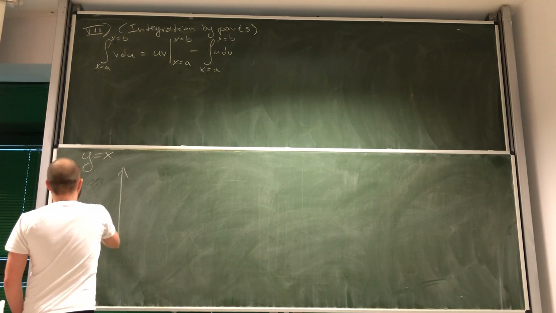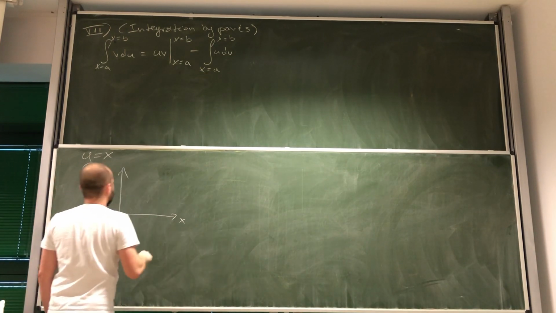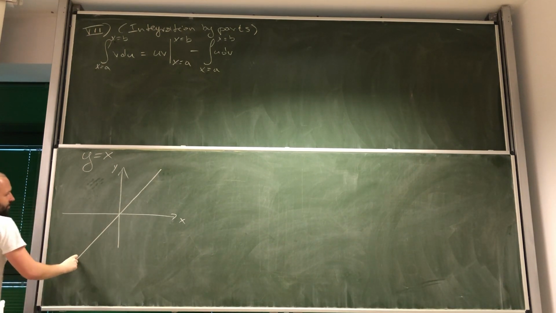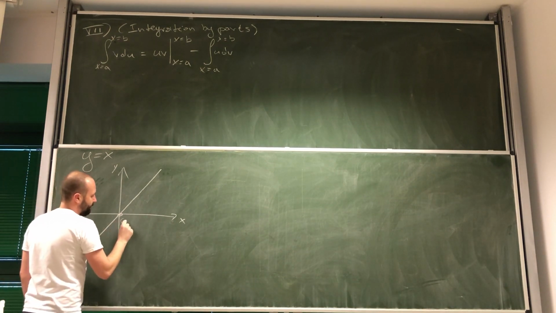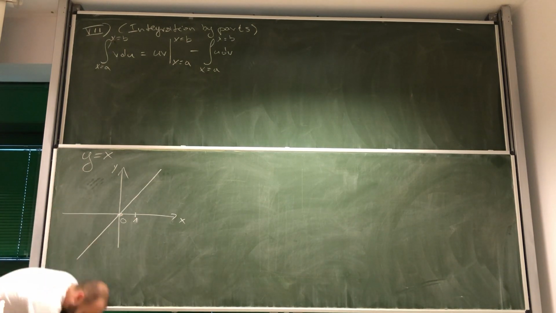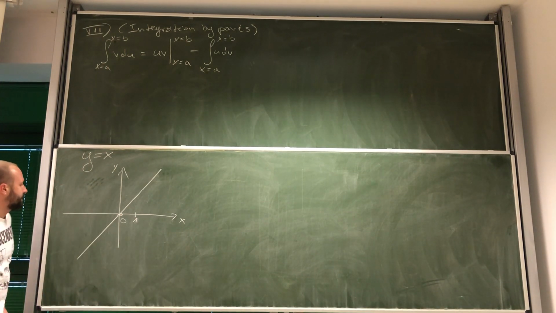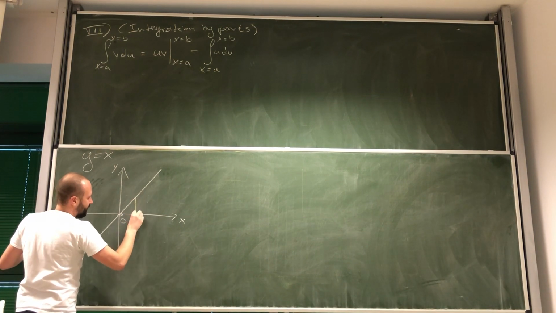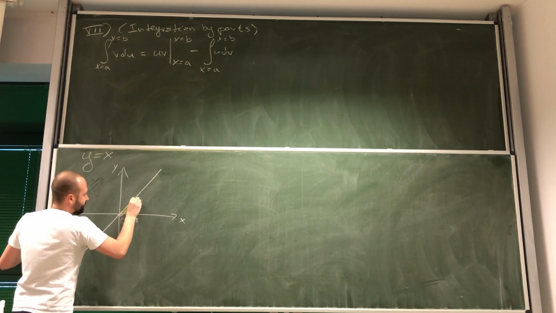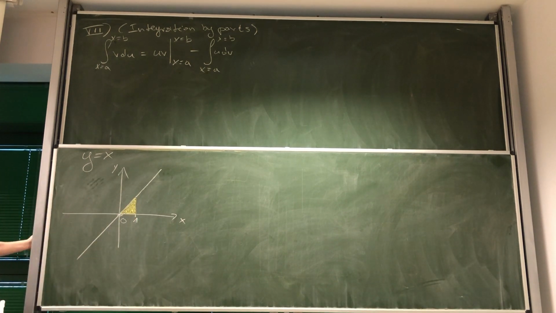Okay, this function looks like that, right? A straight line going through the origin. Let's say I want to know the size of the area below this function between 0 and 1. So what is the size of this triangle? How can I calculate it? It's fairly easy.